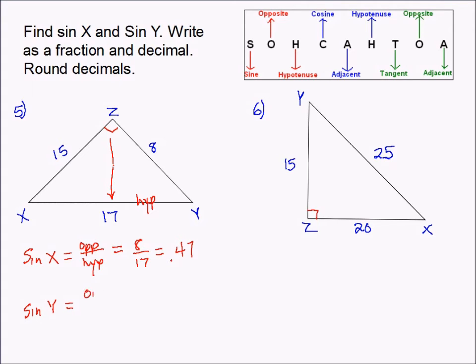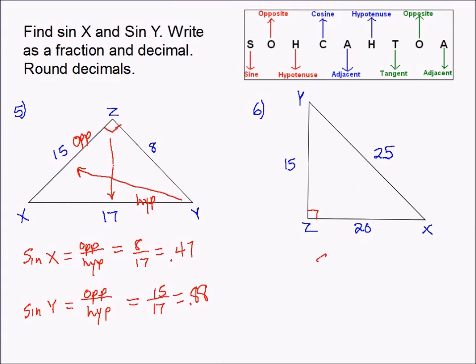So this is going to be opposite over the hypotenuse. The hypotenuse does not change. The right angle's right here. So the hypotenuse is still going to be 17. But then the opposite of y has to be 15. So this is going to be 15 over 17. And then 15 divided by 17 is going to be 0.88. Okay? So that's how you do that type of problem.